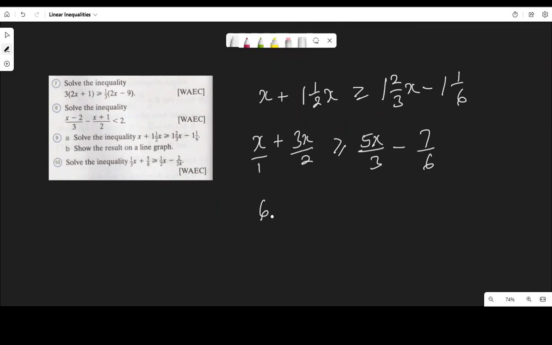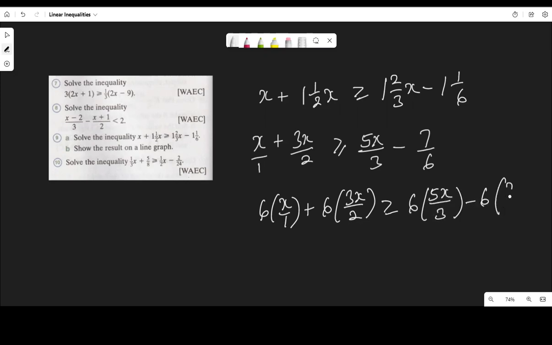I have 6 multiplied by x over 1 plus 6 multiplied by 3x over 2 is greater or equal to 6 multiplied by 5x over 3 minus 6 multiplied by 7 over 6.